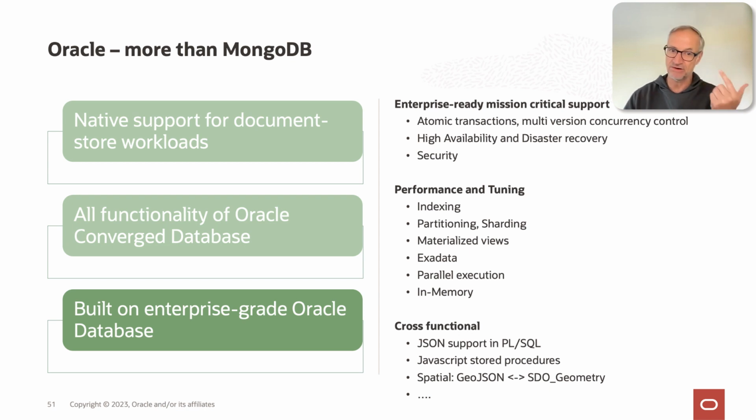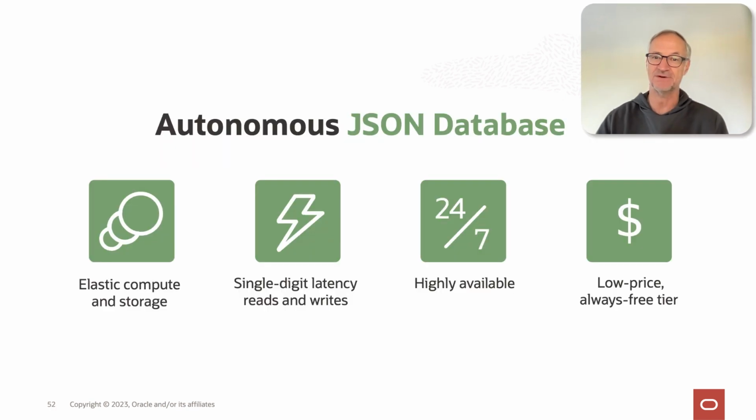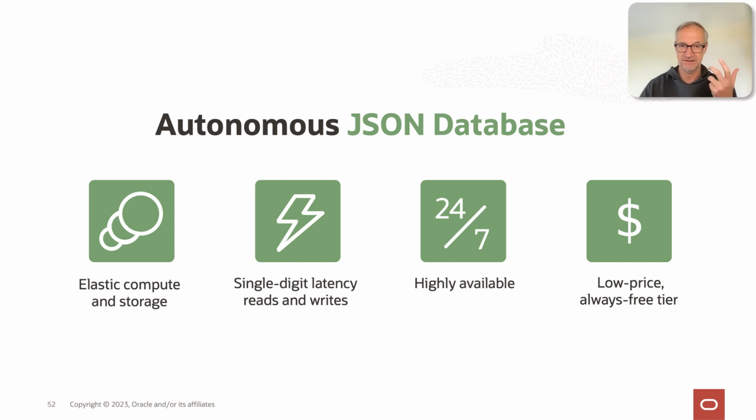And there's one more thing, right? It's not only built on the enterprise-grade Oracle database, but it is part of a fully managed autonomous database. I mentioned the Autonomous JSON Database before, which is a purpose-built flavor of the Autonomous Database, specifically targeted towards the document store. Whatever you get from the Autonomous Database, with Autonomous JSON Database you have it purpose-built for a document store.